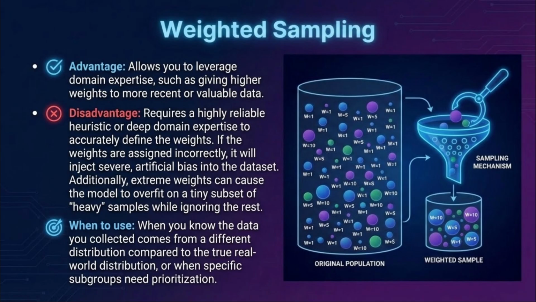So if the weights are assigned incorrectly, it will inject severe artificial bias into the dataset. Additionally, extreme weights can cause the model to overfit on a tiny subset of heavy samples while ignoring the rest. We'll use it when we know the data we collected comes from a different distribution compared to the true real world distribution, or when we want to prioritize some subgroup in our dataset.